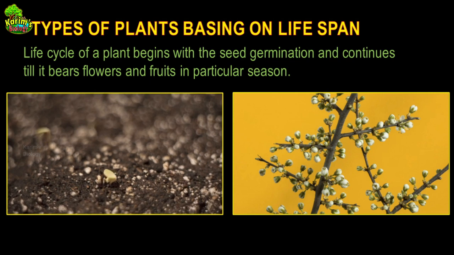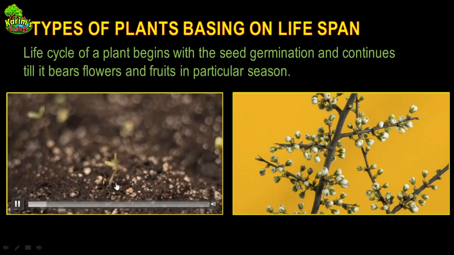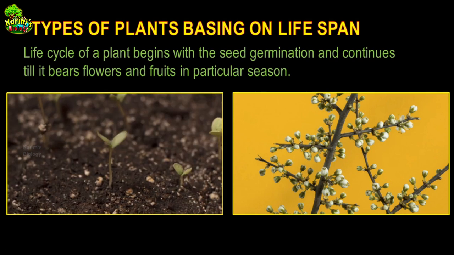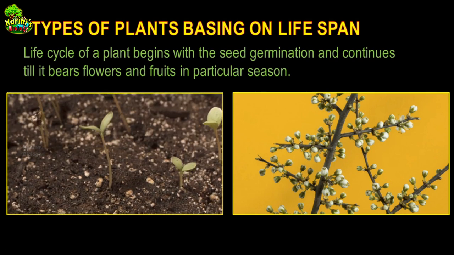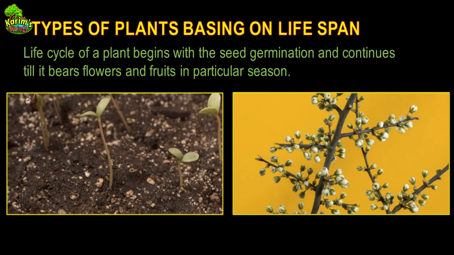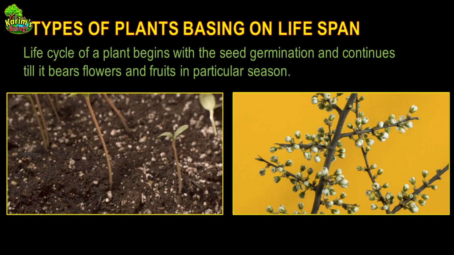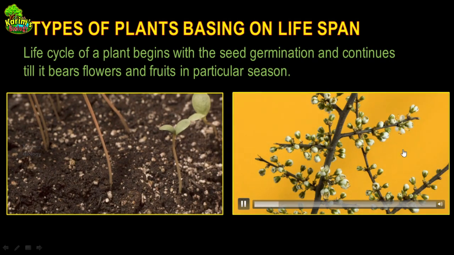When the seeds get enough moisture, enough water, and enough pure air, they germinate and grow into new plants. They grow into saplings and into an individual plant which is able to produce flowers again, and pollination takes place in the flowers.